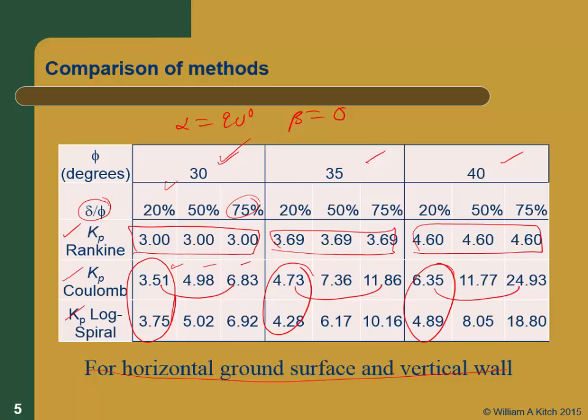All right, so when you get to high friction angles and high values of the wall friction, Coulomb gets unconservative, and it can get significantly unconservative. And Rankine is always low and conservative.